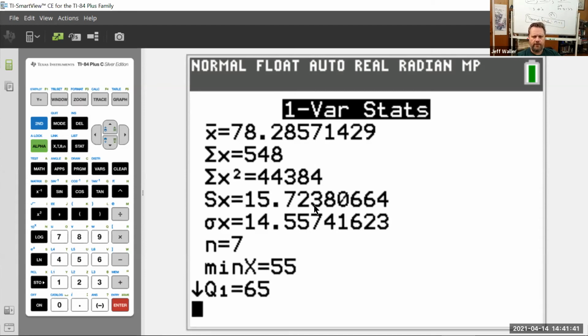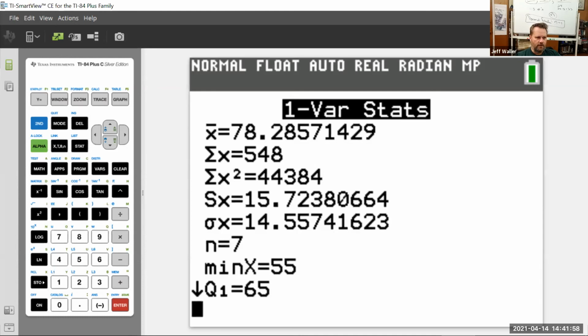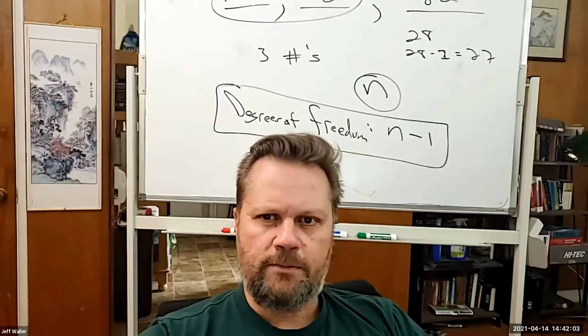So what do I have to use? S. Why does the calculator give me both? Because the calculator is dumb. It doesn't know.